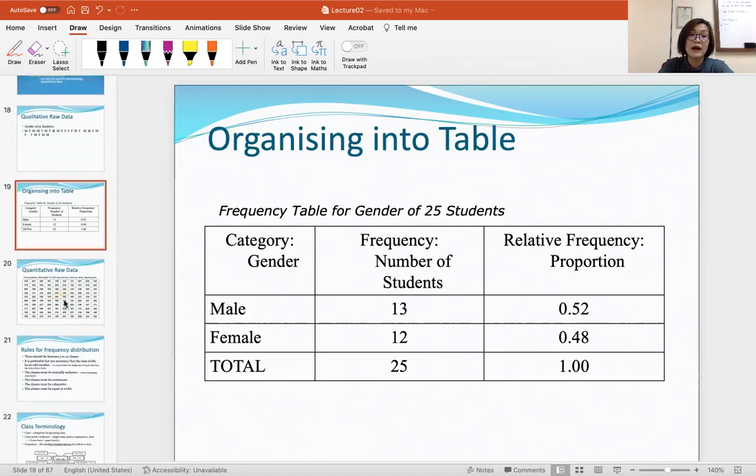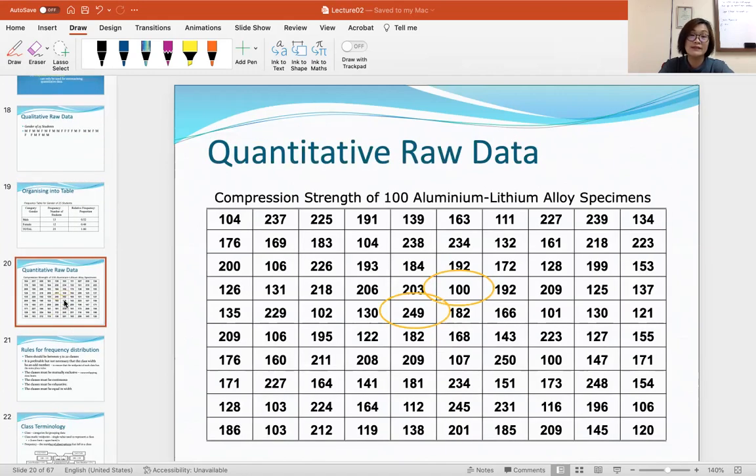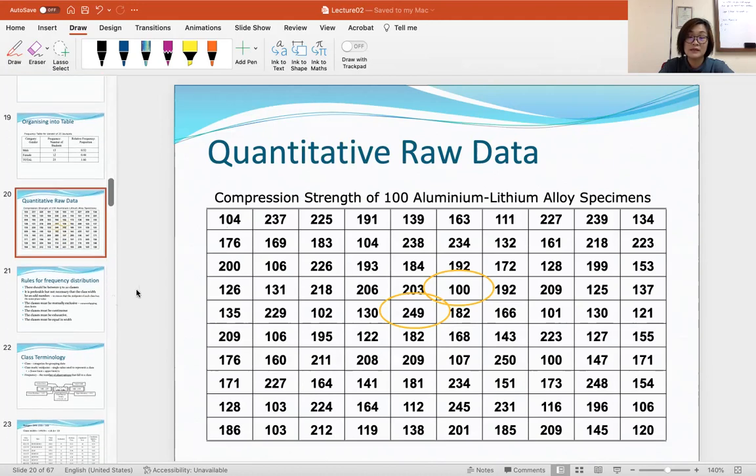Well, what about when I have more than 25 students? I can't just do that. I can convert into classes, a frequency distribution graph. In this case, for example, the compression strength of 100 aluminum lithium alloy specimens. I can convert it into classes.